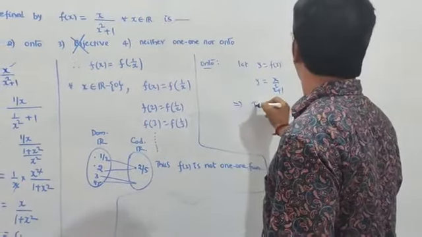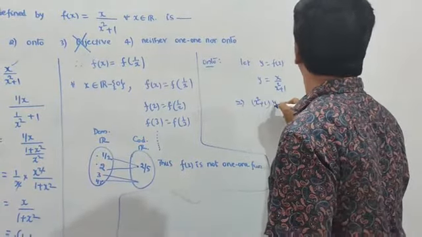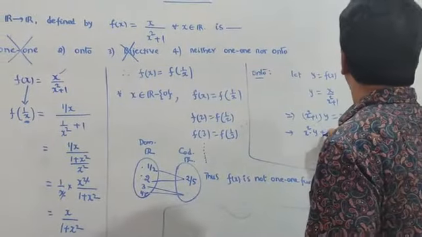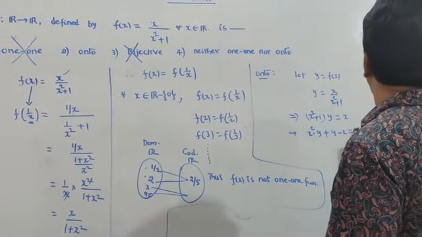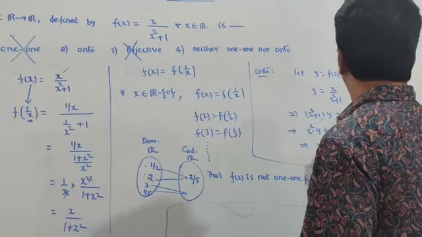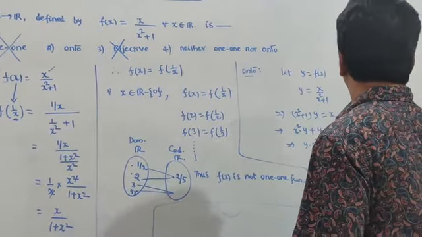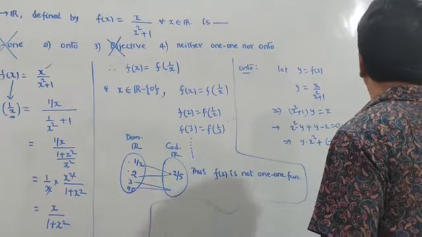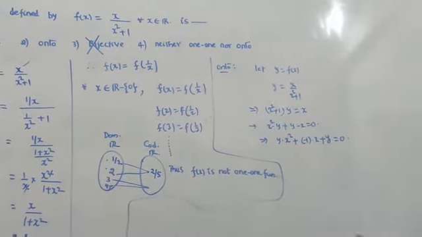On cross multiplication, x square plus 1 into y is equal to x. That implies y x square minus x plus y is equal to 0.